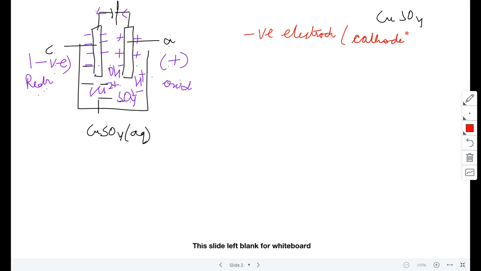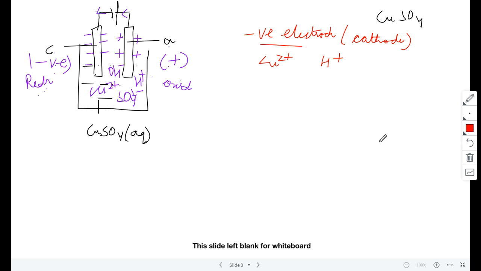So now at cathode, we have two positive ions, the copper ions and the H positive ions also. So when two ions are there, one has to remain in the solution and the other one has to go towards the cathode. Now we have to see which one will go towards the cathode.